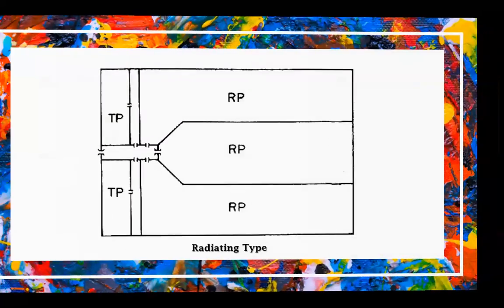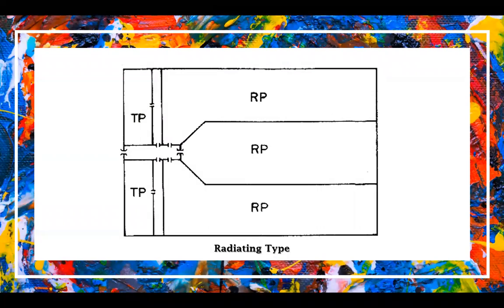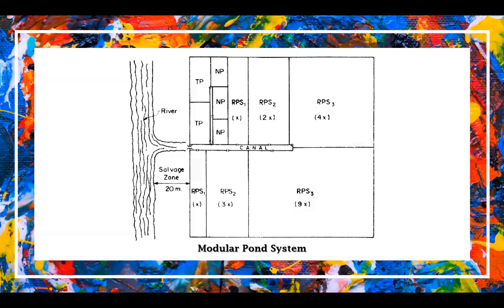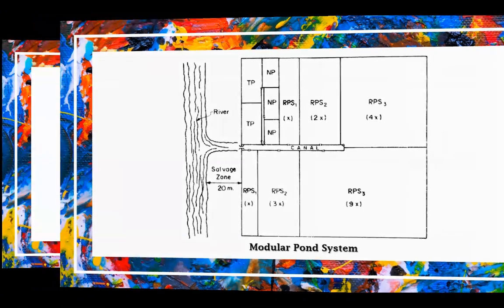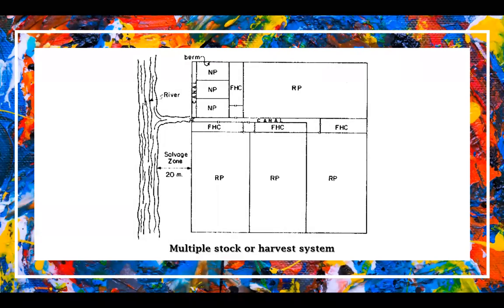Next, we have the radiating type system or fish pond layout. Then we have the modular pond system. And last, we have the multiple stack or harvest system.